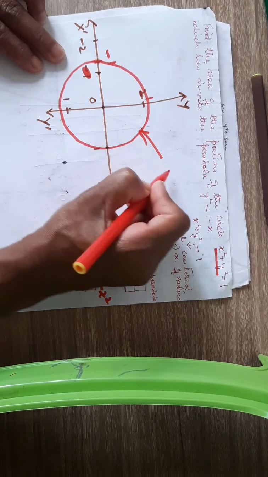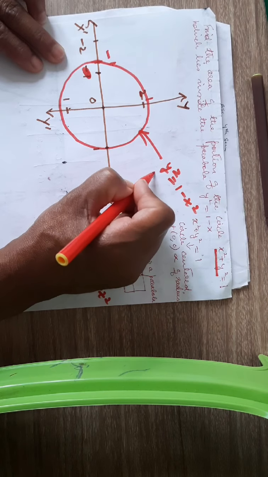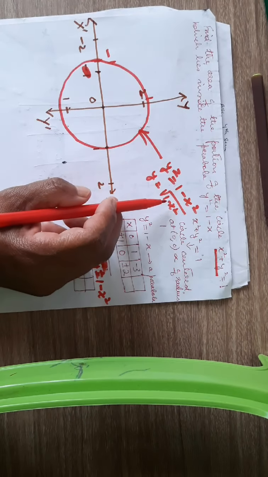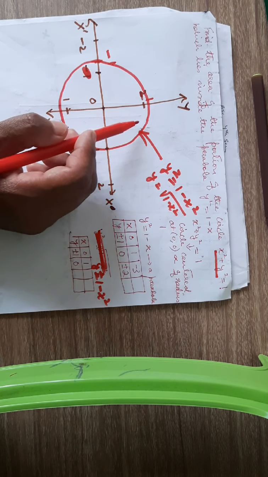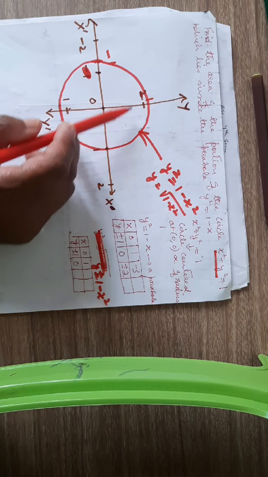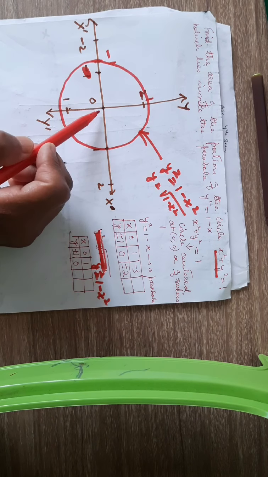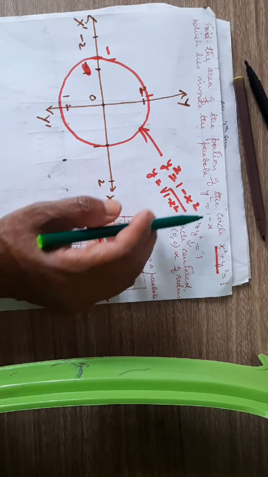This is the curve y squared is equal to 1 minus x squared, or y is equal to square root of 1 minus x squared. I'm taking the positive square root only for the time being. I'll tell you afterwards. Now, this is the circle centered at the origin and of radius 1.